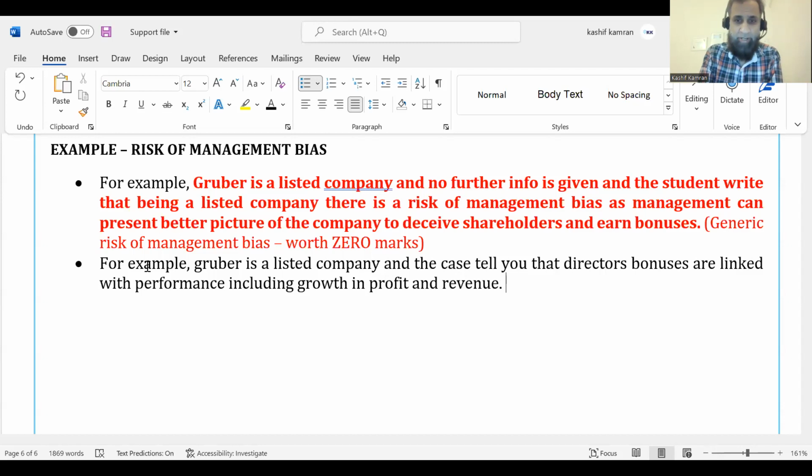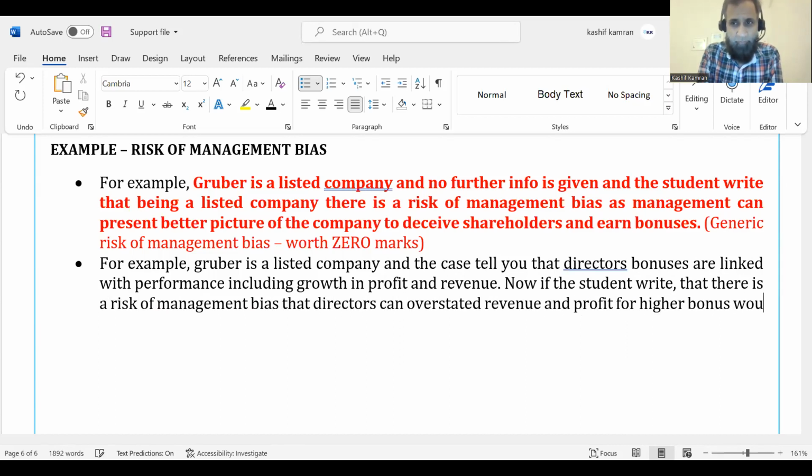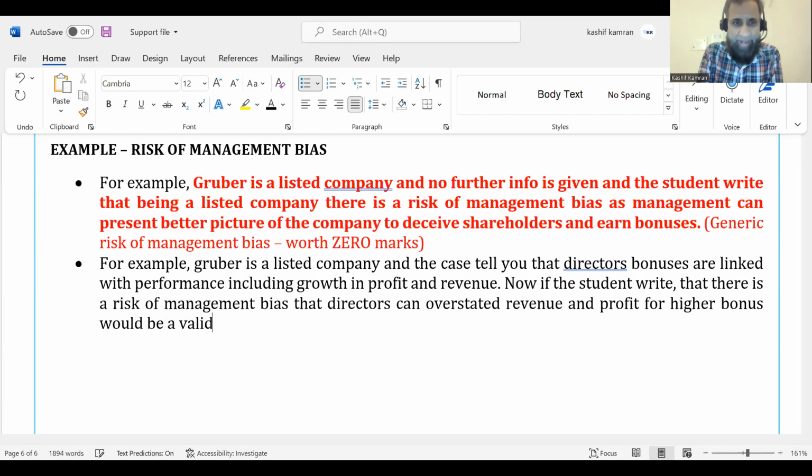Now, if the student writes that there is a risk of management bias, that directors can overstate revenue and profit for higher bonuses, that would be a valid risk of management bias.